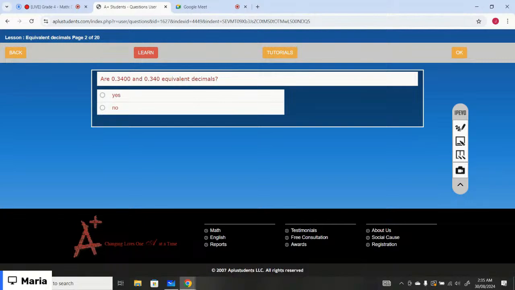Are 0.3400 and 0.340 equivalent decimals?